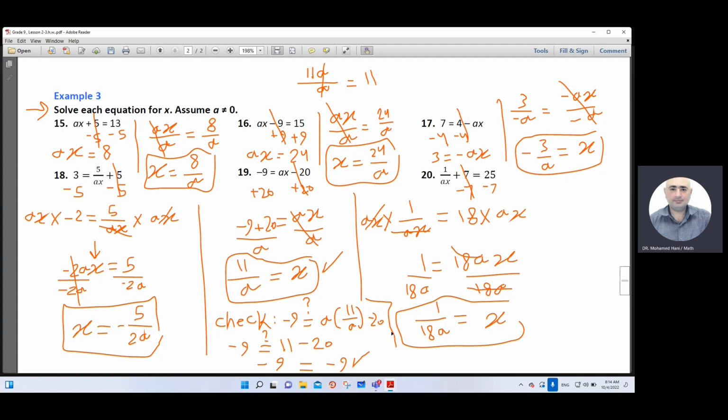But how to know the outcome of A? What is the result of A? A, as you see here, assume A doesn't equal 0, means A, any number without 0. A, any number without 0, okay? Here we have two variables, but the main variable will be X.